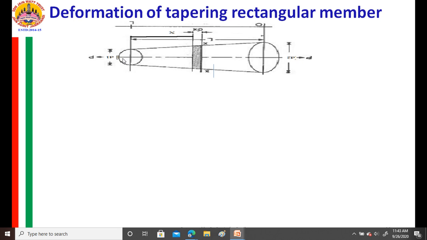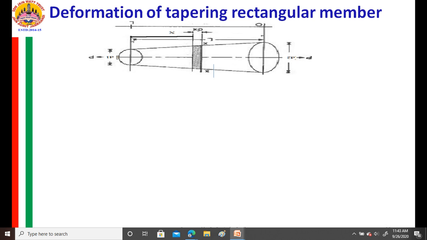We are considering a circular member uniformly tapering. At one end the diameter is d1 and at the other end the diameter is d2. Length is L, depth is d subscript x. Again the area is changing.